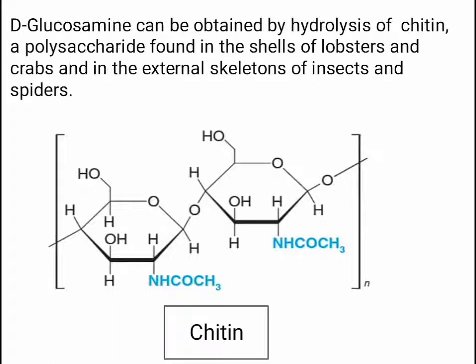So this is the polysaccharide chitin, and you can obtain D-glucosamine if you hydrolyze this. If you just break it, you will get the D-glucosamine, and this also will be broken.